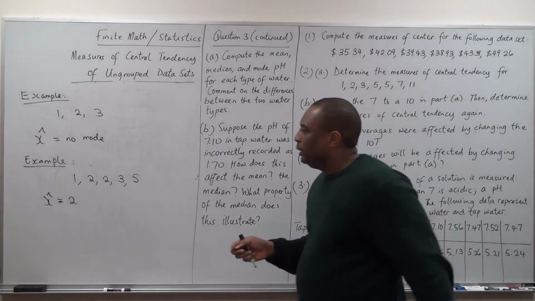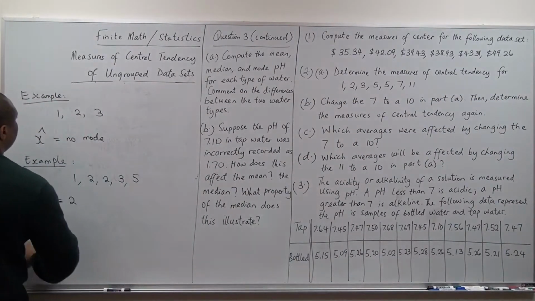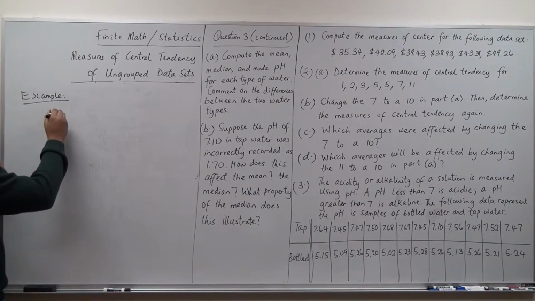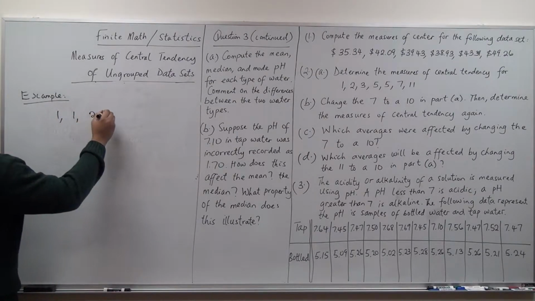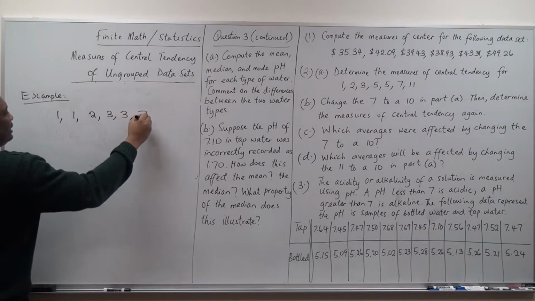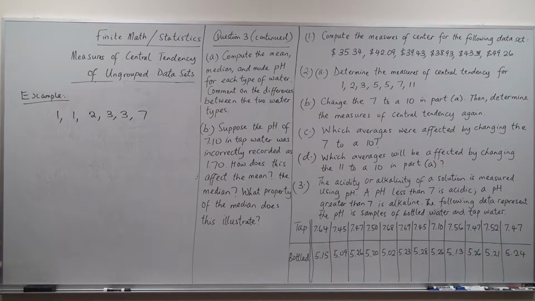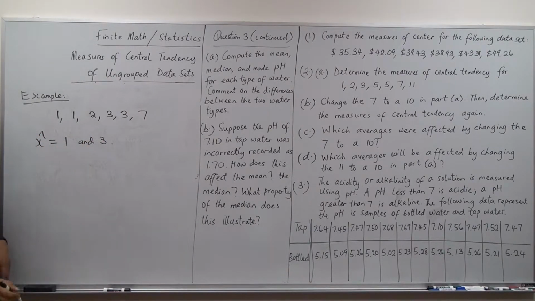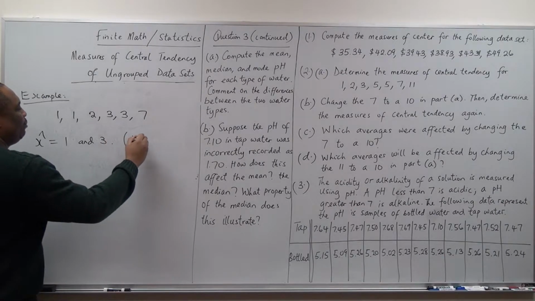Right? Now what if you have another example, maybe 1, 1, 2, 3, 3, 7. Right? So the modes are 1 and 3. Now this is what we call bimodal.